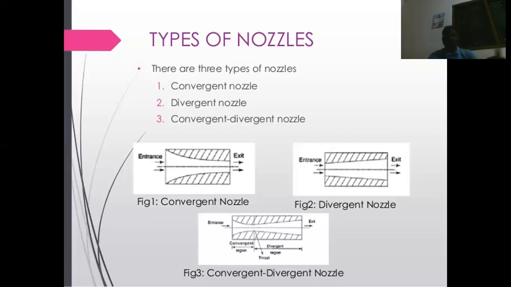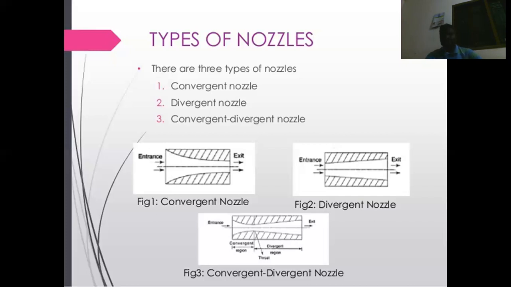Now here, if you see the convergent divergent nozzle, at the entrance the diameter of the nozzle will be large, and then it gradually reduces up to the throat area. From the throat area, the cross section of the nozzle again gradually increases up to the exit. This is the convergent divergent nozzle.